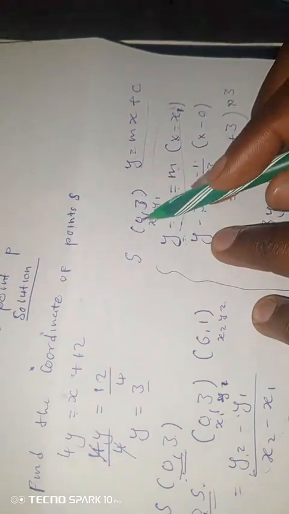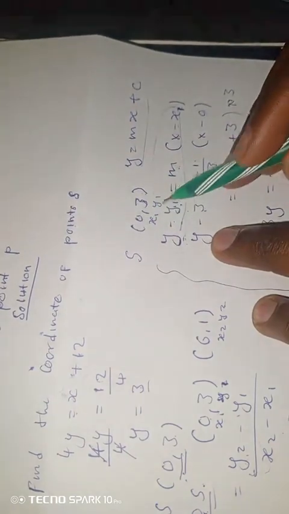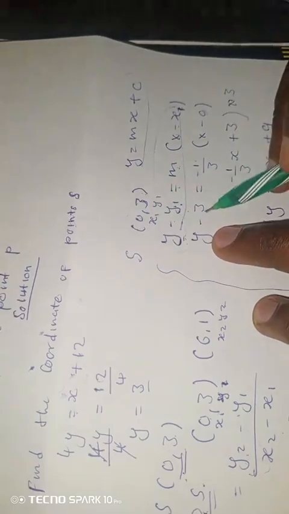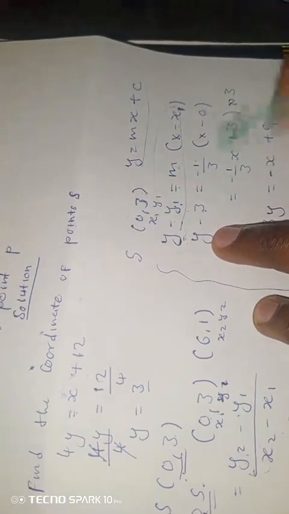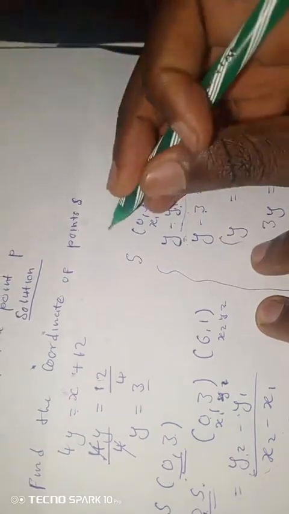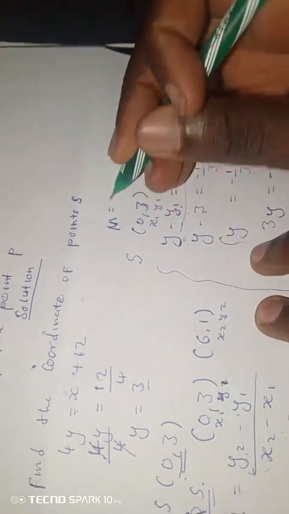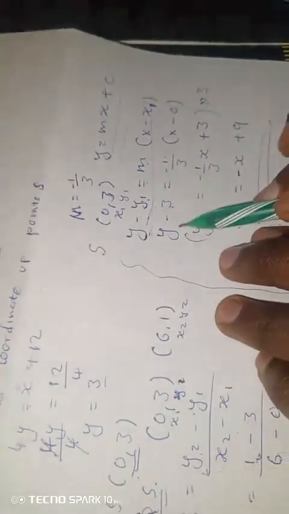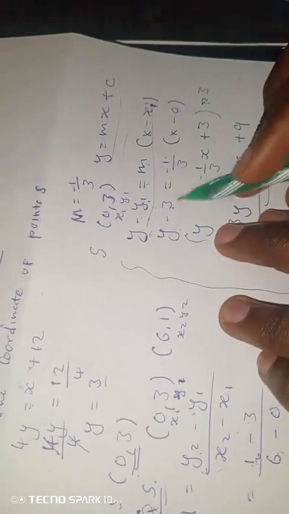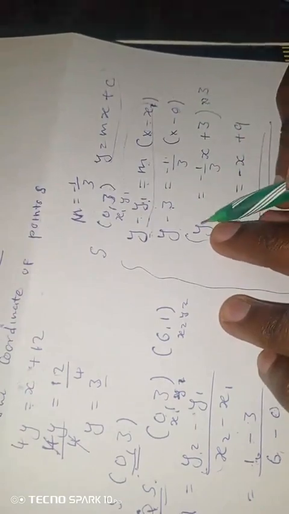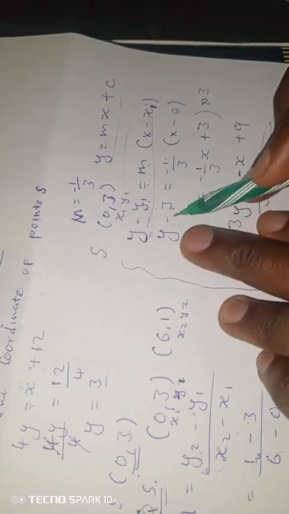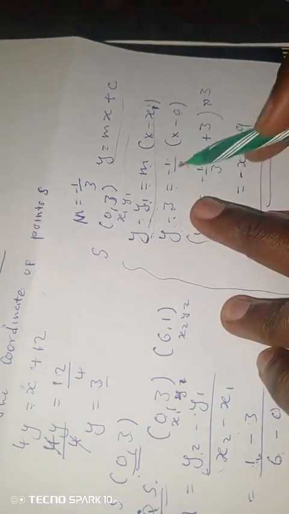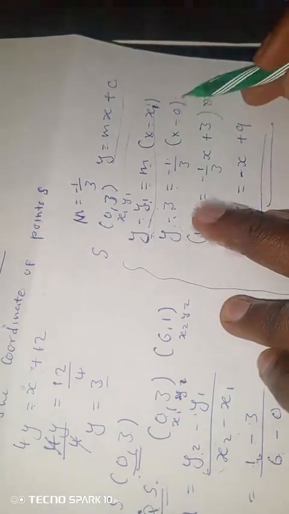So this one is our x1, and that one is our y1. We'll plug in this equation. Remember our gradient that we are using here is negative 1 over 3. After we have plugged in, it will be y minus 3 equals negative 1 over 3, x minus 0.